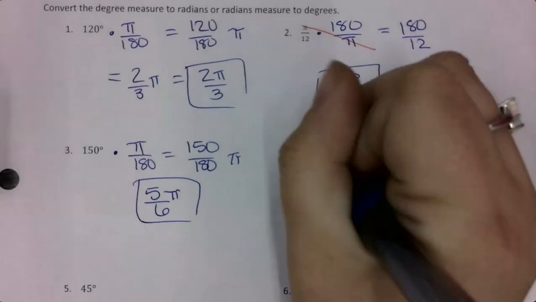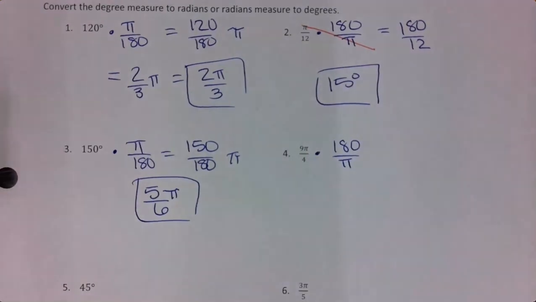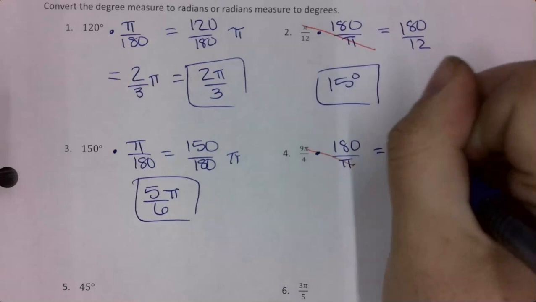Number 4, I have pi in this one, so I'm going to multiply by the 180 over pi. So the pi's will cancel out, and then I have 9/4 times 180.